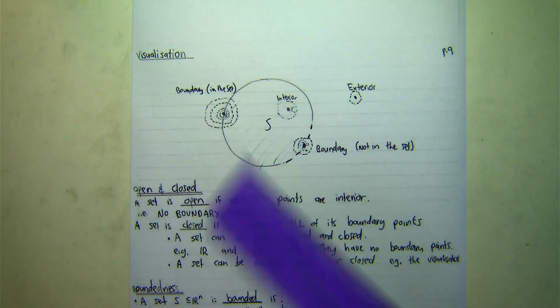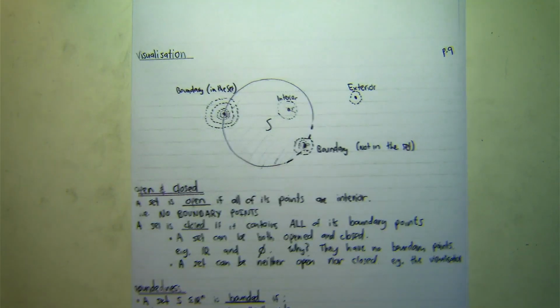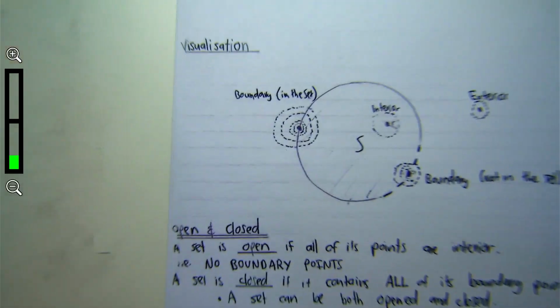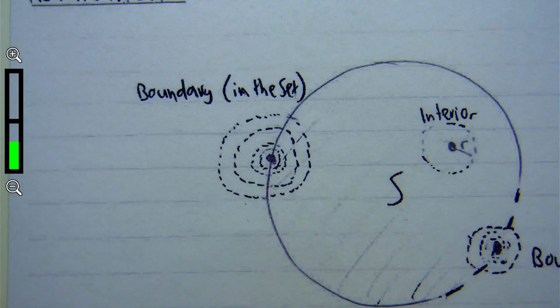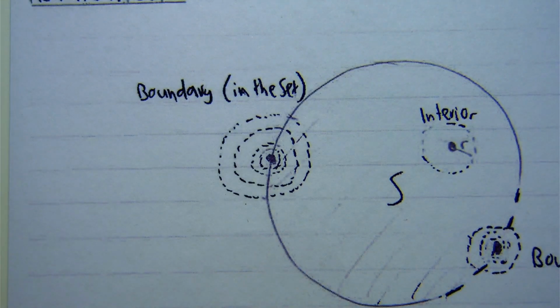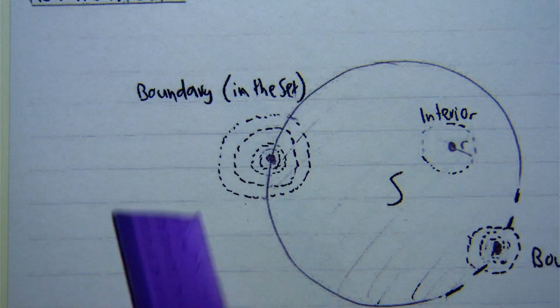And then I have 2 examples of boundary points here. I might zoom in on them. Take a look at this boundary point first of all. This is harder to fully prove because the definition is every open ball. I've drawn 1, 2, 3, 4 open balls here. And in all 4 of those open balls, you can see that there are points included in those open balls that are out of the set.